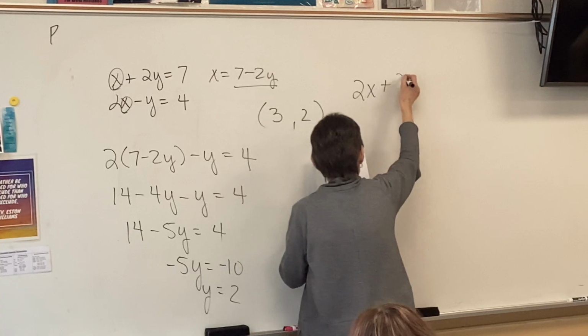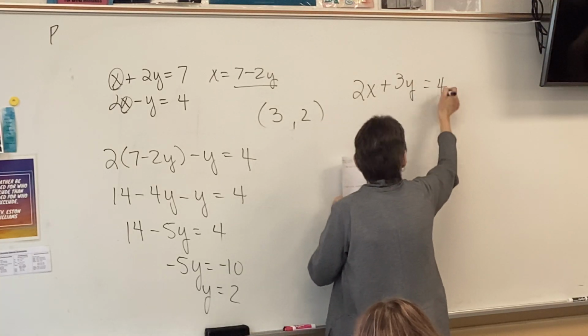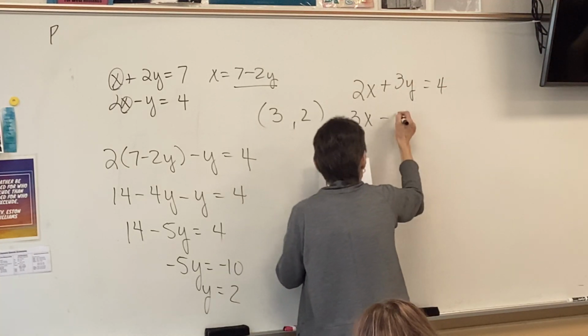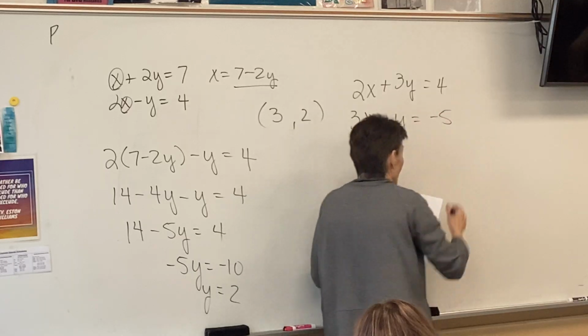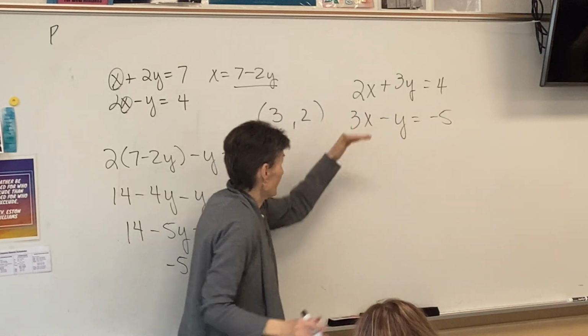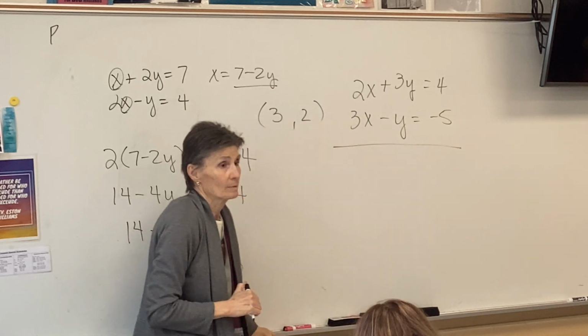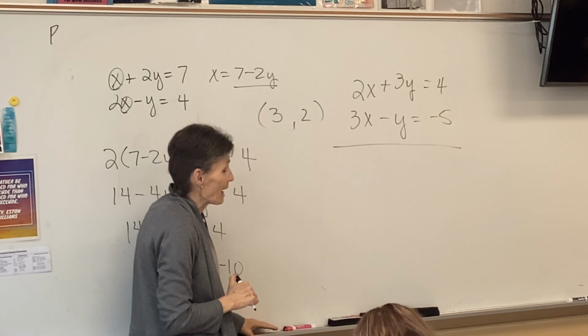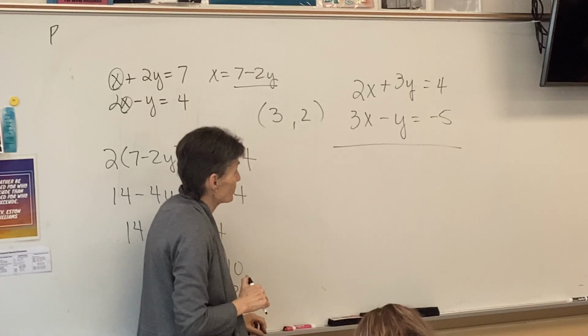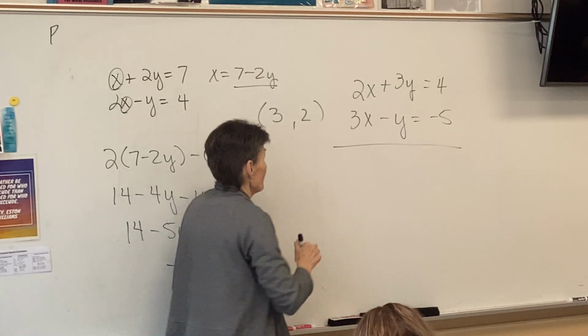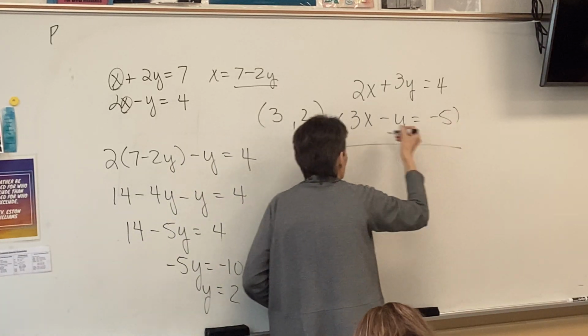Now we're going to eliminate. Which means we're going to add and something's going to cancel. So we're going to have to make that happen because nothing's going to cancel now. So maybe multiply this row by 3.